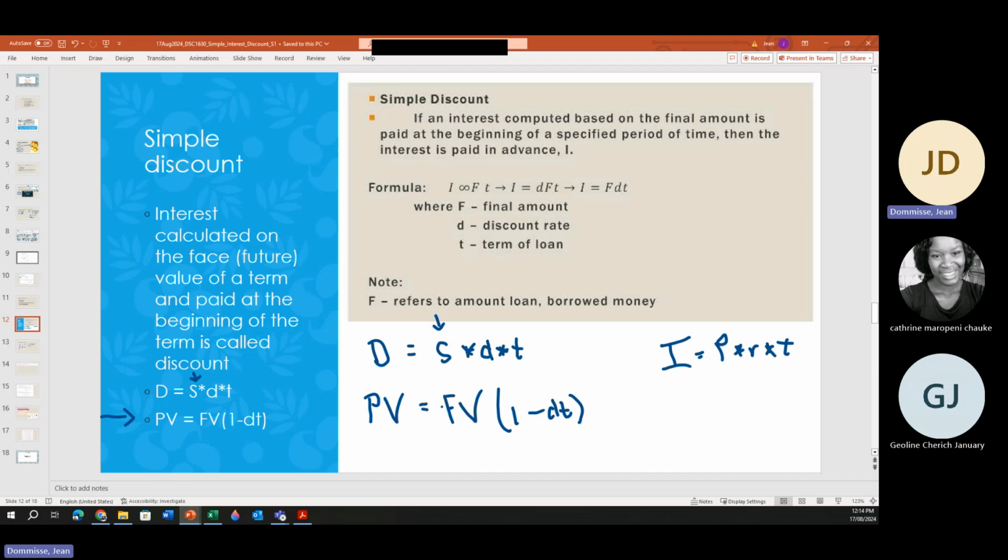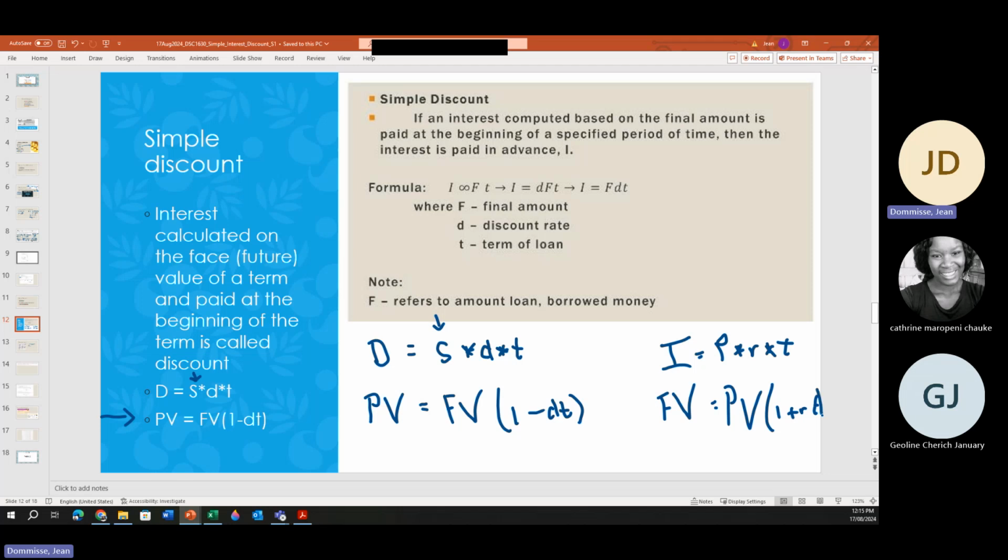Okay, so present value is future value times 1 minus dt, where if it was simple interest, future value would have been present value times 1 plus RT.